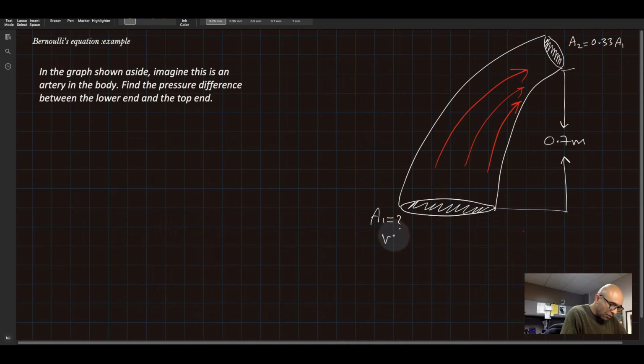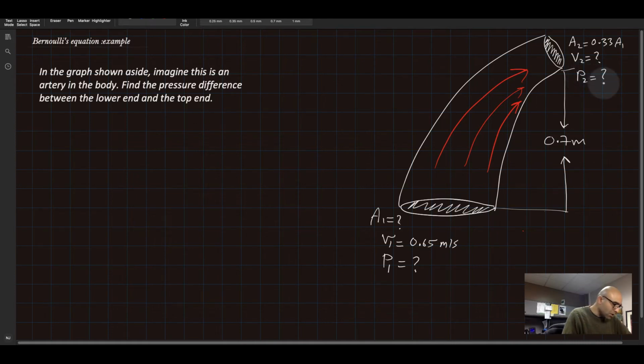The velocity of the blood at the lower end is equal to 0.65 meters per second. The velocity here at the top, we actually don't know. At the bottom the pressure is unknown, and at the top the pressure is also unknown.